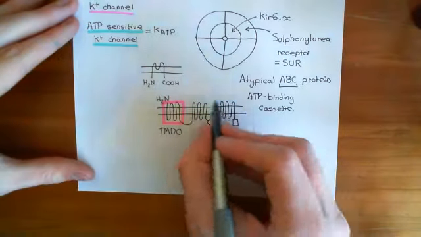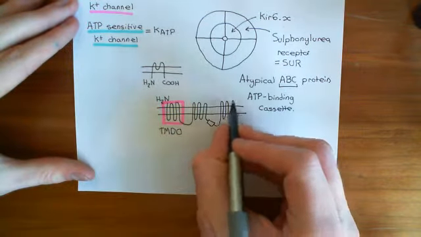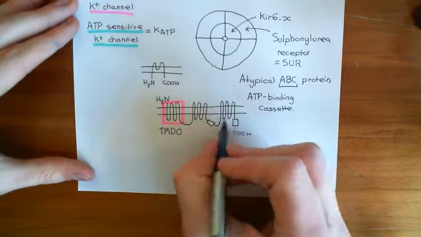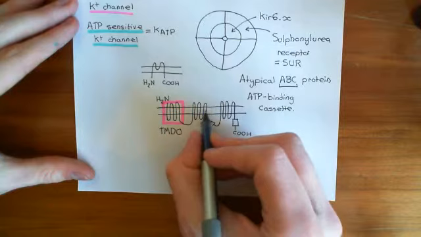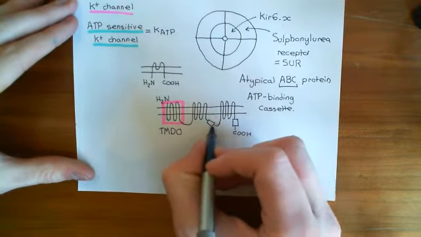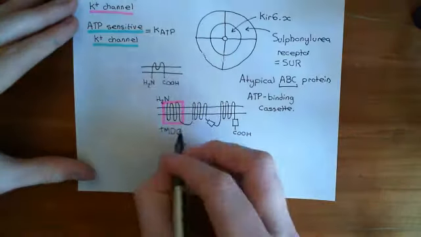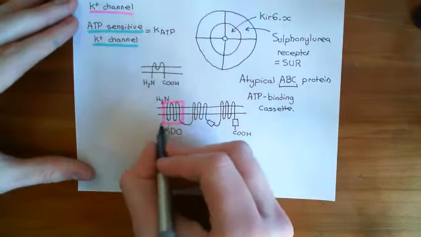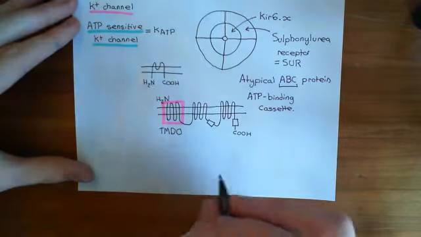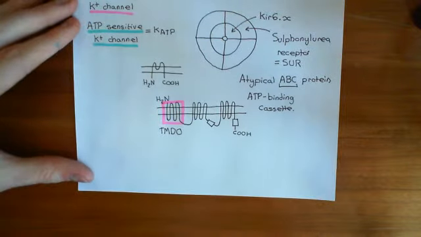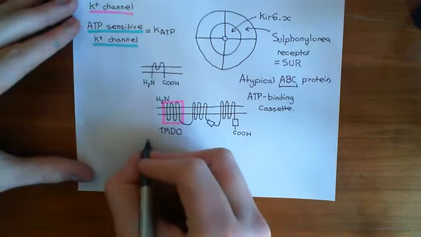The normal structure of a typical ATP binding cassette protein is that you have these two groups of 6 membrane spanning alpha helices with the 2 nucleotide binding domains like this, but this extra 5 membrane spanning alpha helices, which are all grouped together, is abnormal. This is something that's special for the sulfonylurea receptors.